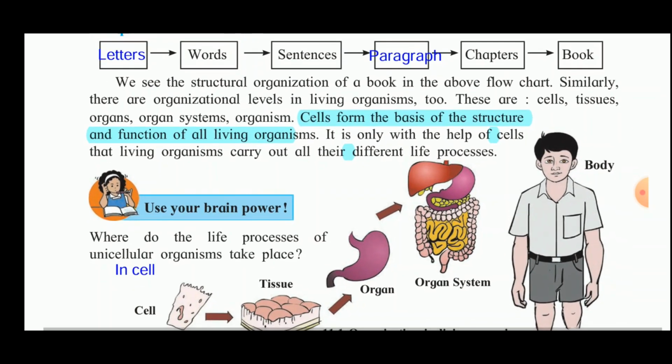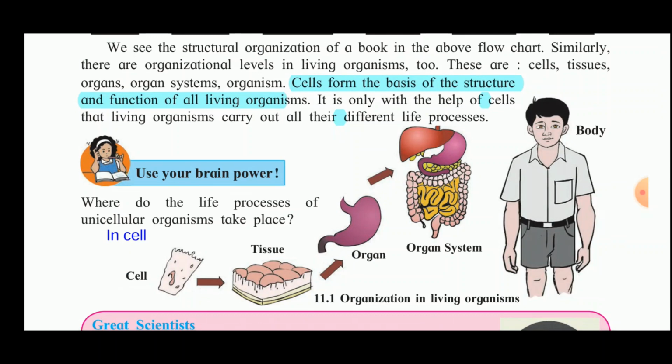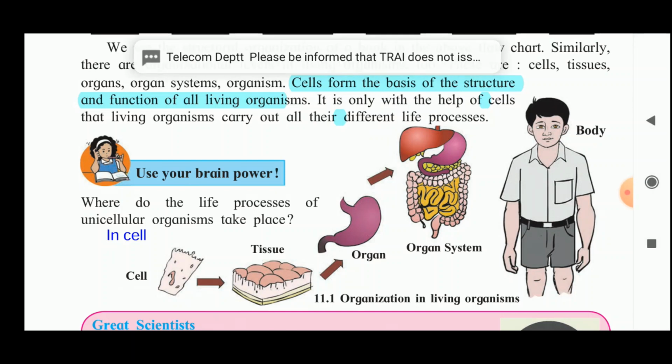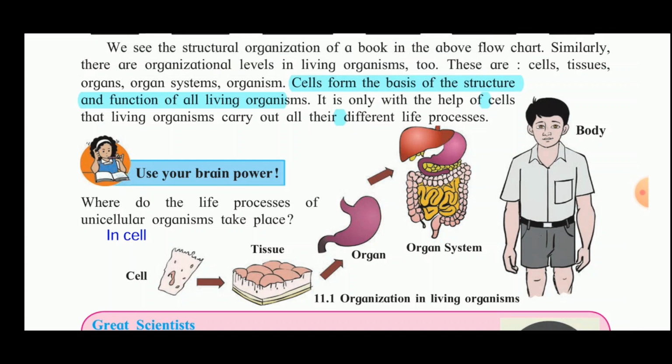Now, let us see in this figure, organization in the living organisms. The cells form the tissue. The group of similar cells performing the same function is called the tissue. Different tissues form the organ. Different organs, like here the organ system shown is the digestive system. So, stomach is there, intestine is there, large intestine, small intestine, then liver.